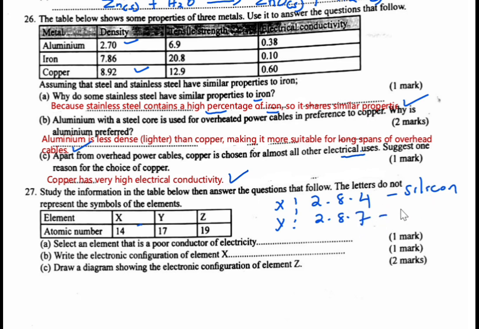This is chlorine. Then finally, we have Z. Z here we have 19. So its electron configuration will be 2, 8, then 8, 1. So this is potassium.